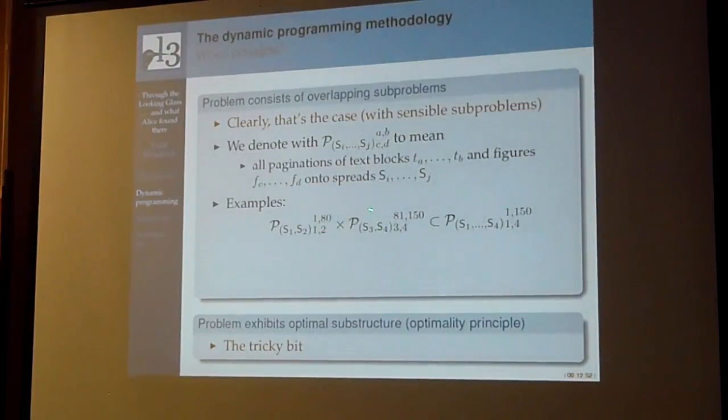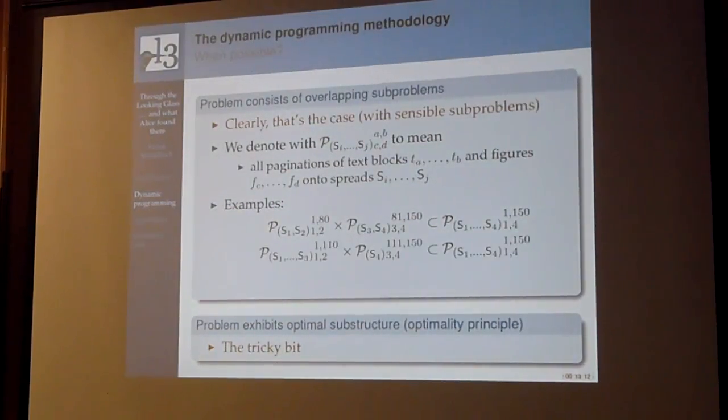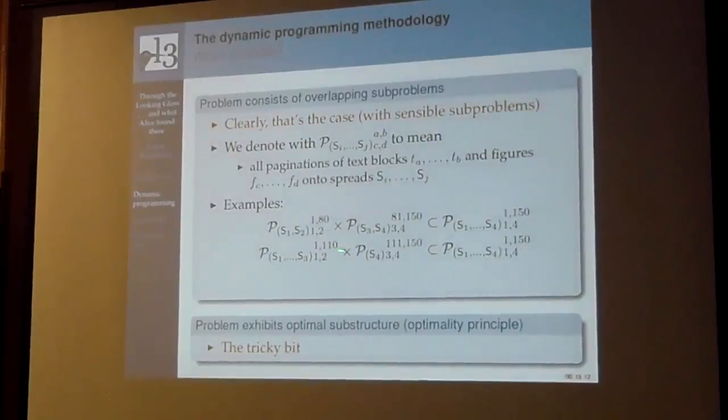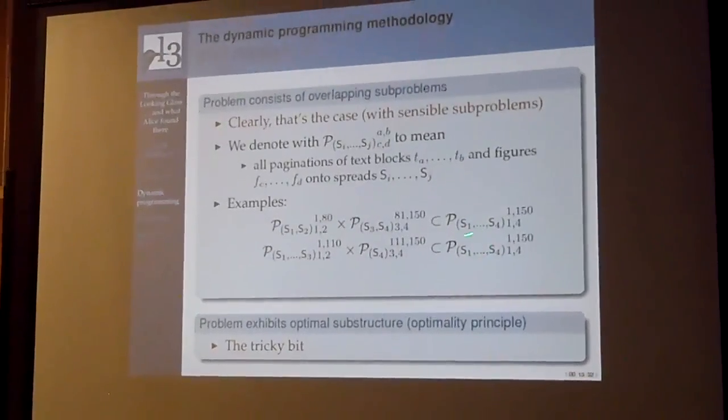And you can split this up into, for example, the partitions from the first 2 spreads, text blocks 1 to 80 and the first 2 figures, and then 81 to 150 and the second figures on the other 2 spreads. Now this is one possible split. The next possible split would be up to 110, and from 111 to 150, this is also part of this block.